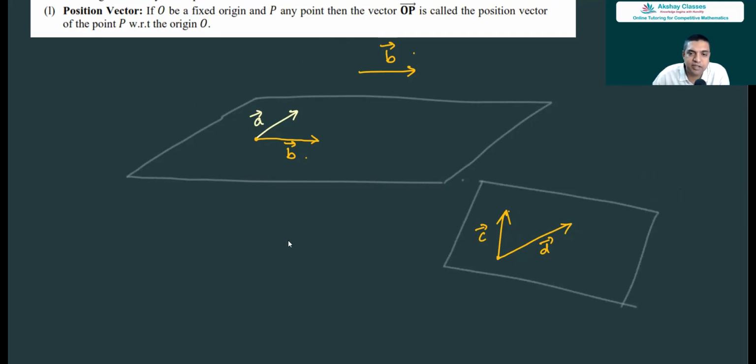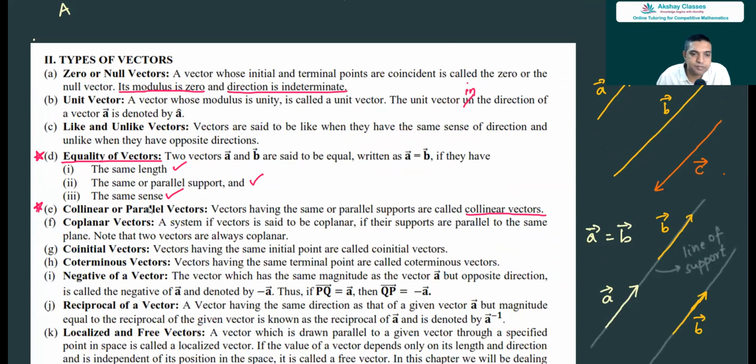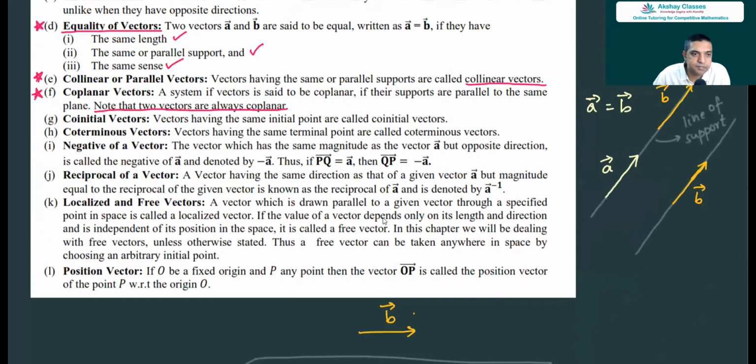Very important result, or very important understanding. A system of vectors is said to be coplanar if the supports are parallel to the same plane. Note that two vectors are always coplanar. Next, co-initial vectors. Vectors having the same initial point are co-initial vectors.